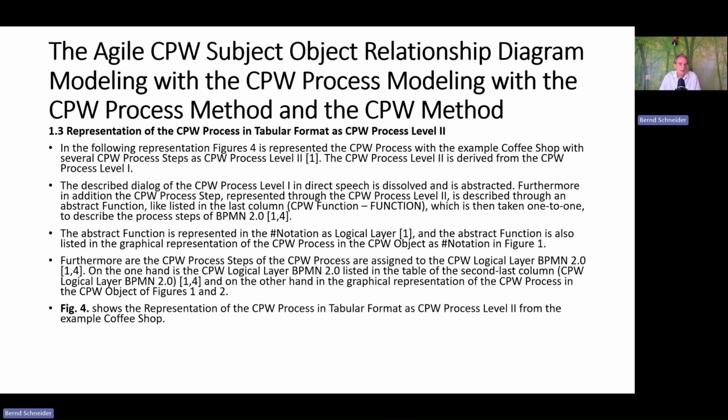Furthermore, the CPW process step represented through the CPW process level 2 is described through an abstract function, like listed in the last column, CPW function, which is then taken one-to-one to describe the process steps of Business Process Modeling Notation 2.0.